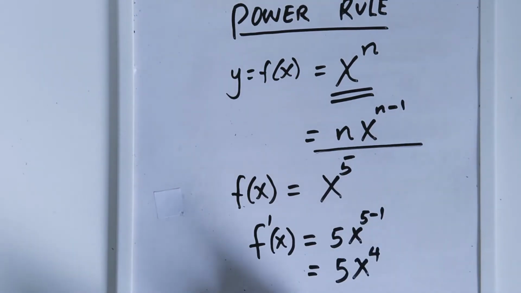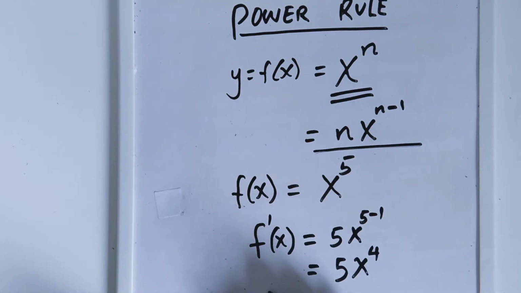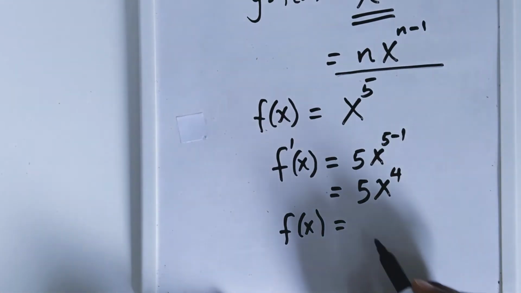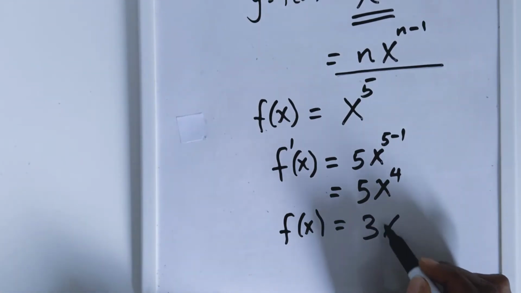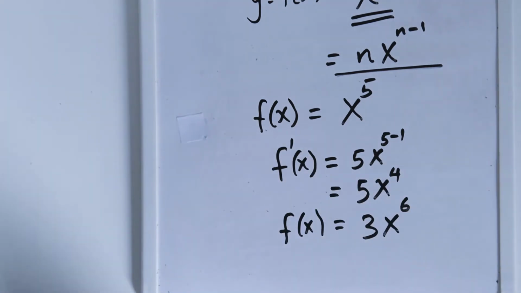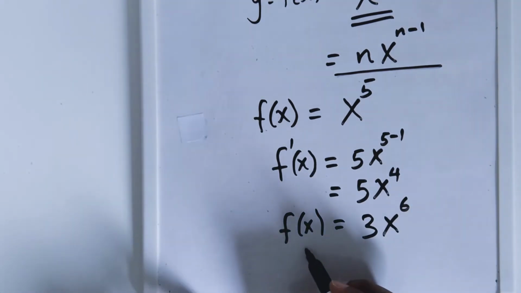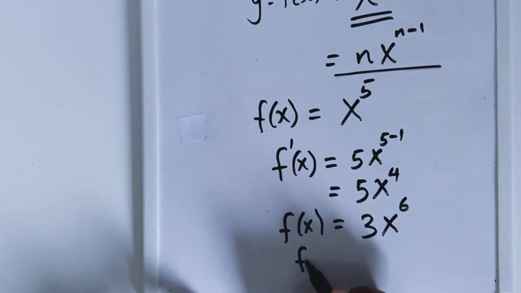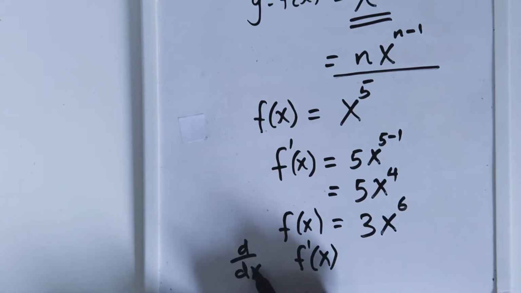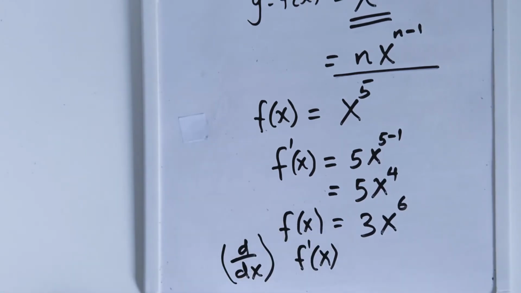Let's do another example. Say you have another function f of x is equal to 3x to the power of 6. In order to find the derivative, we said we denote it as f prime of x, or you could write it dy/dx. That's another way also of writing f prime.